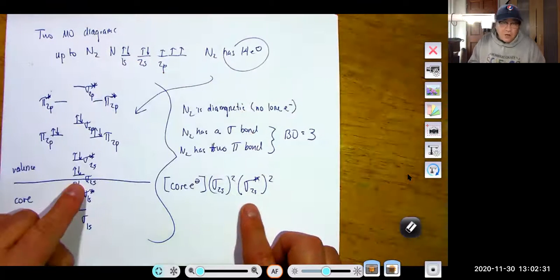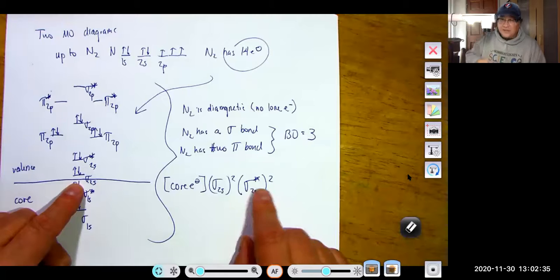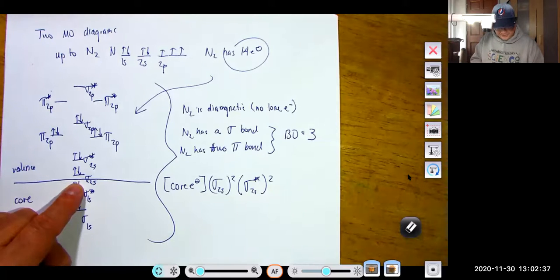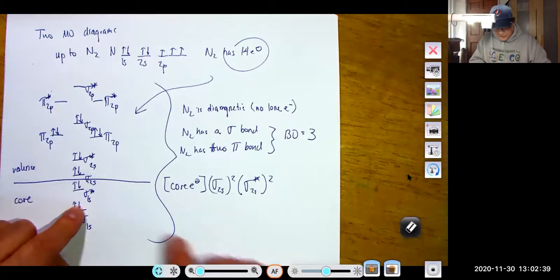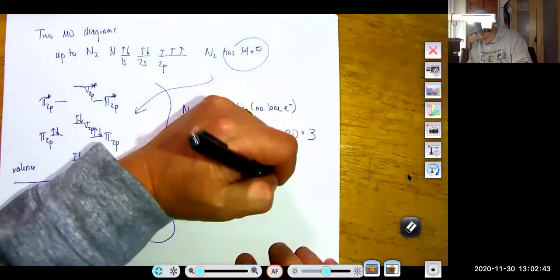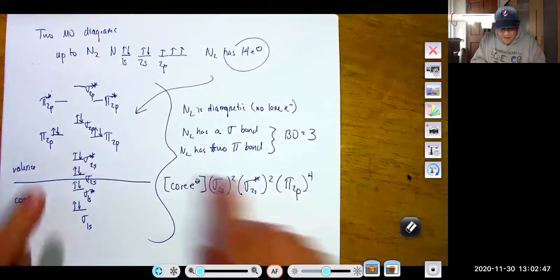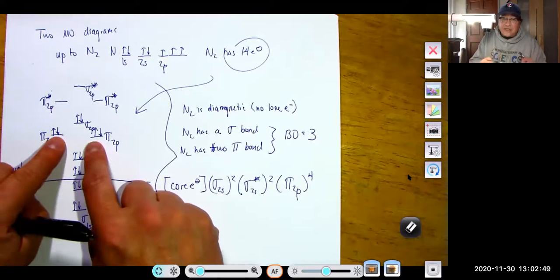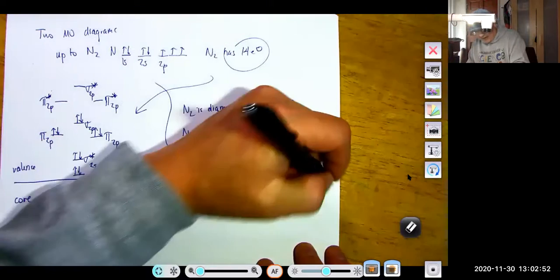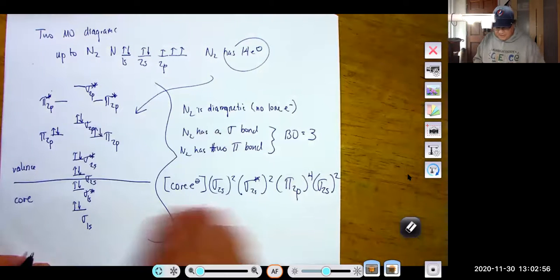Notice that the MO goes inside parentheses and the number of electrons is on the outside. So I've just drawn these 2. What do I do for the 2p's? I combine these together because they're the same energy. And then we have (sigma 2s)2. And that's the electron configuration.